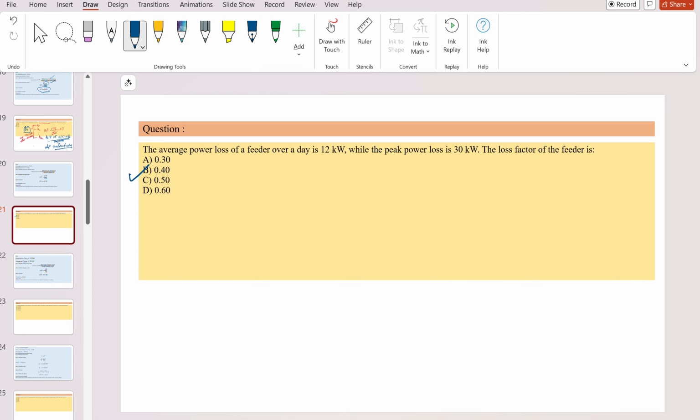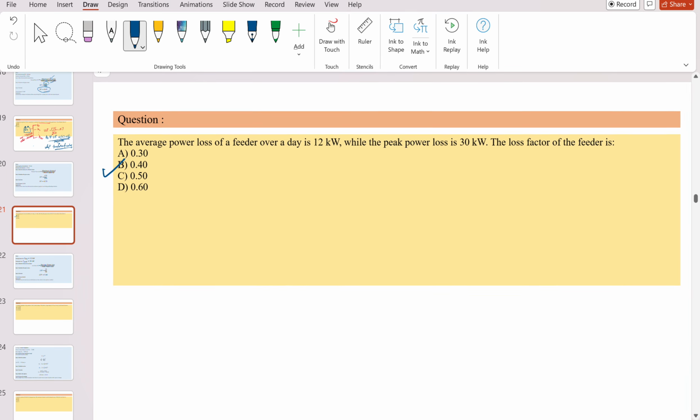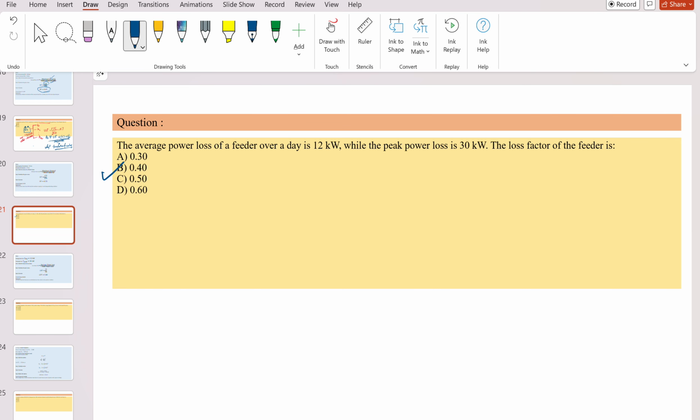Option B, second option. I got multiple options as B. So it is correct.